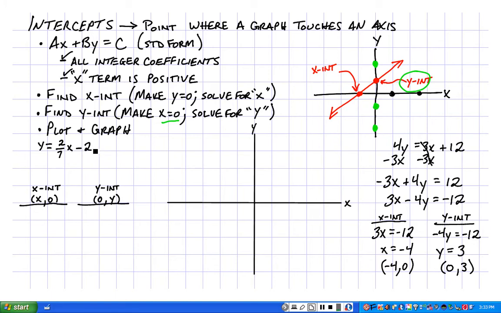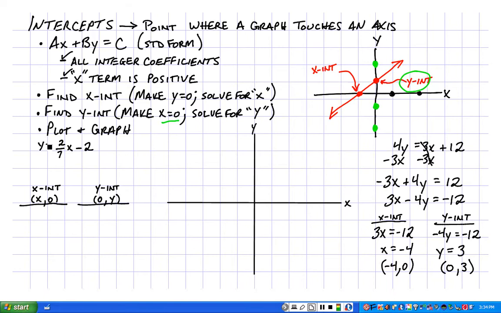Alright, if you know anything about slope-intercept form, this equation currently is in slope-intercept form, and we want to get it into standard form. And one of the issues with standard form is that we have all integer coefficients. Well, currently I'm faced with a fraction as a coefficient for my x term. So to get rid of the fraction, I multiply all of the terms in the equation by 7, the common denominator.